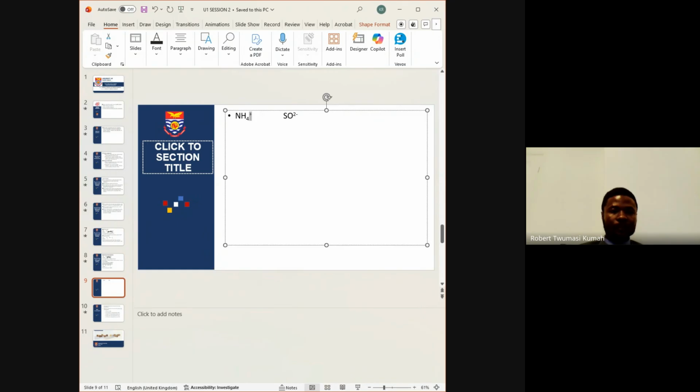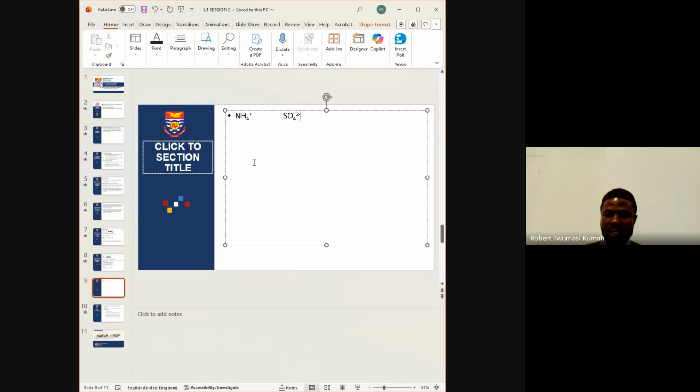If we are to cross them, we are going to write the 2 as a subscript to the ammonium, and then write the 1 as a subscript to the sulfate. Good, so something like this.